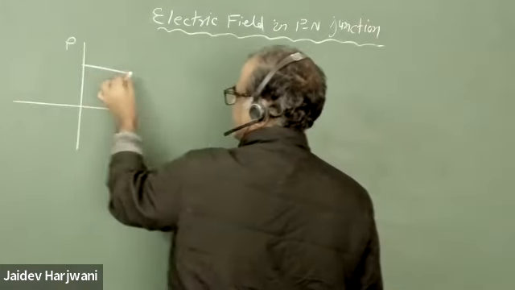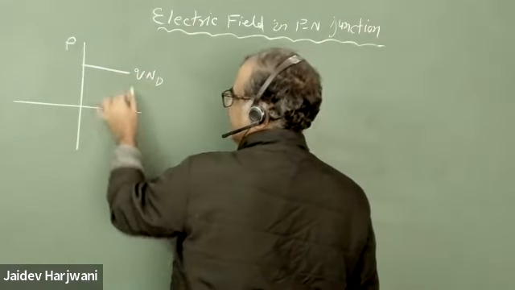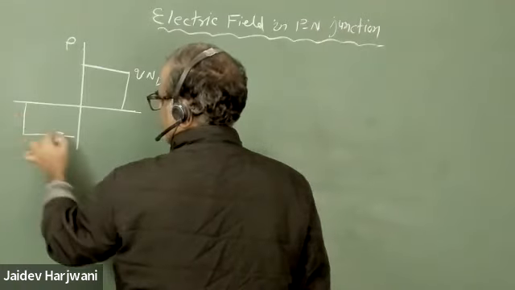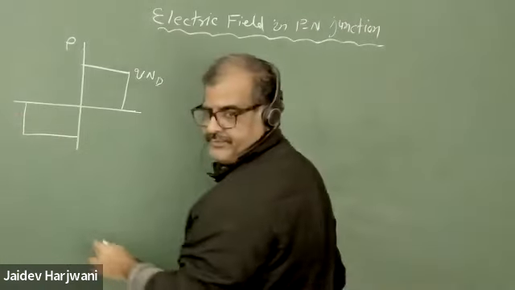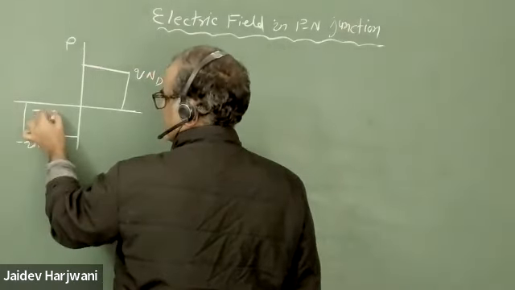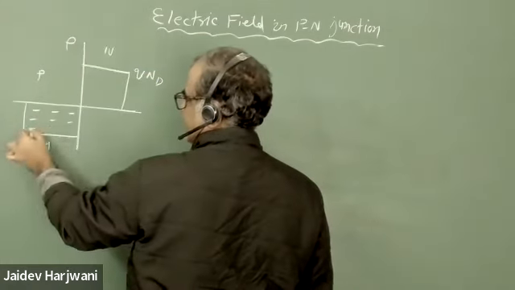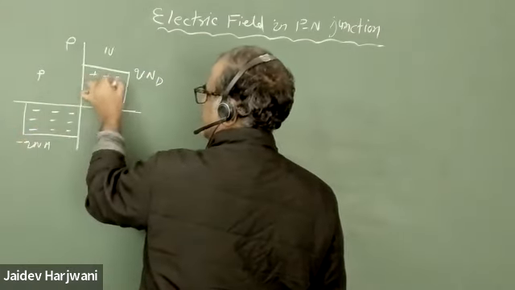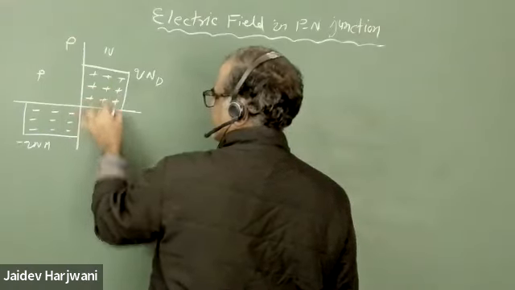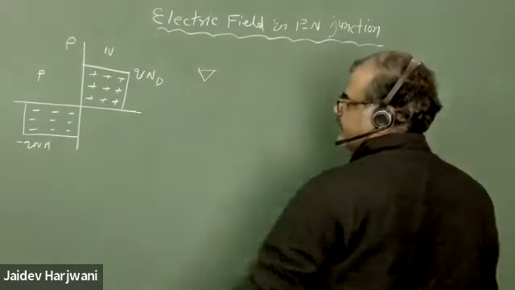We have qN_D on the N side, and we have minus qN_A at the P side. This is P type, this is N type.